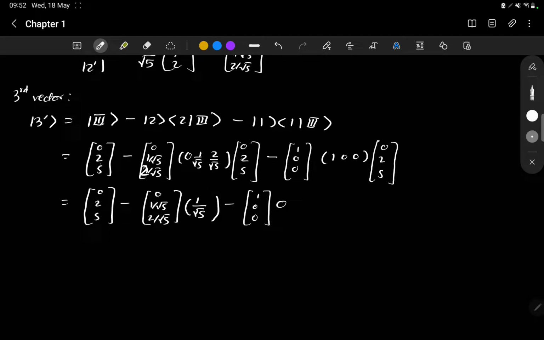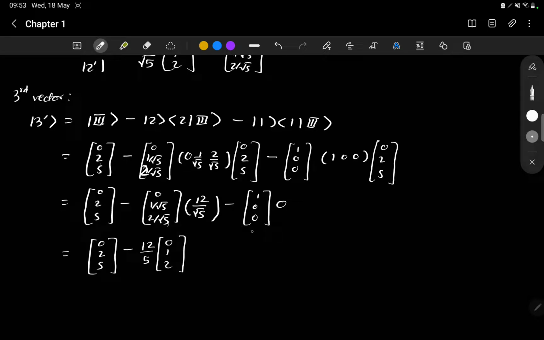This is 1 into 2 plus 2 into 5, that is 12. Sorry for this mistake. Let us take this root 5 in the denominator outside, and then we have another root 5 in the denominator outside. So we get 12 over 5, since root 5 into root 5 gives us 5. And then we have 0, 1, 2.